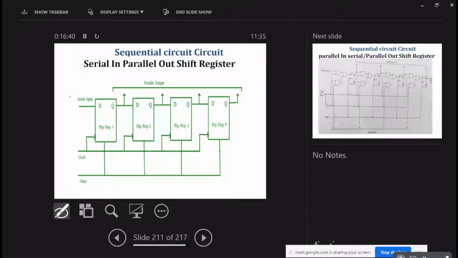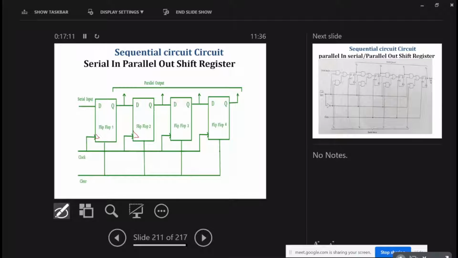So what is the serial in, parallel out shift register here? Again, we are taking D flip flops. Suppose this is a positive edge triggered D flip flop. Because we are talking about 4 bits, how many flip flops do we require? We require 4 flip flops to implement this serial in, parallel out shift register.